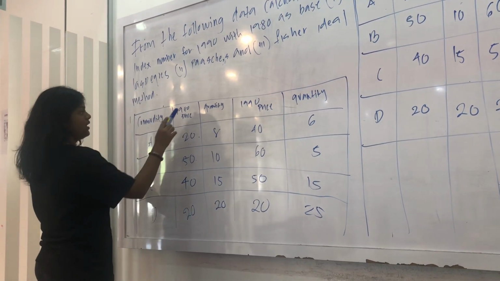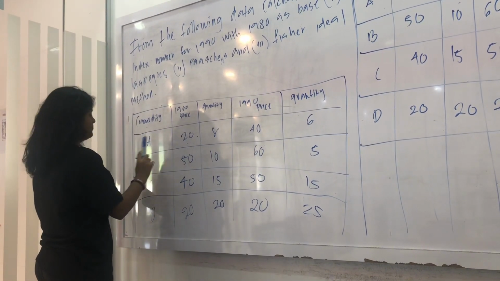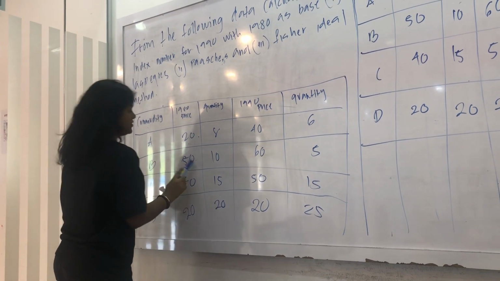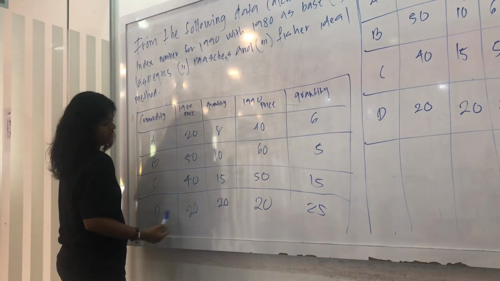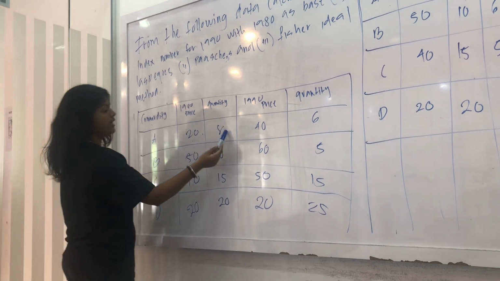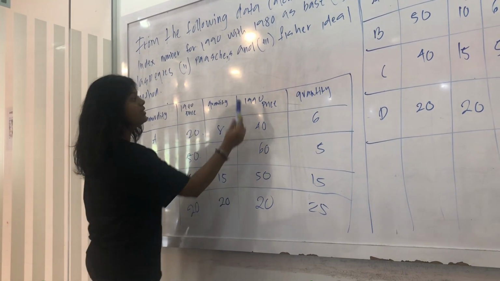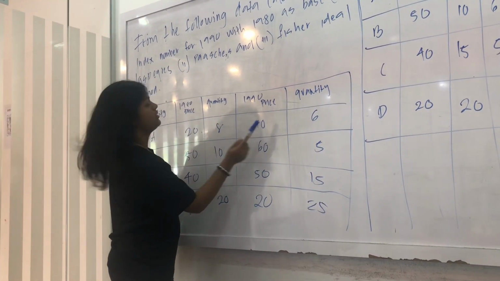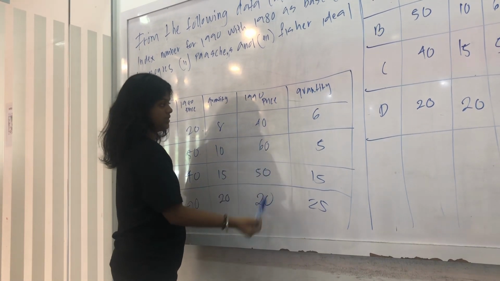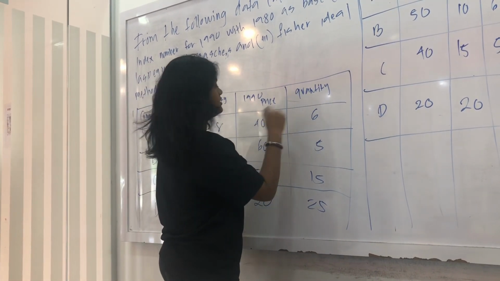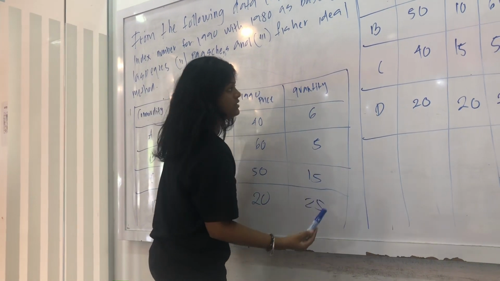For commodities A, B, C, D, the 1980 prices are 20, 50, 40, 20. Quantity is 8, 10, 15, 20. The 1990 prices are 40, 60, 50, 20. The quantity of 1990 is 6, 5, 15, 25.